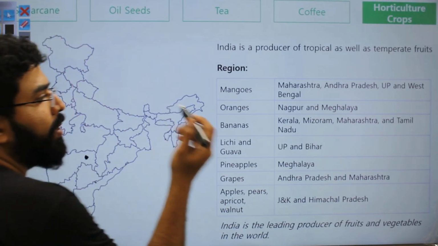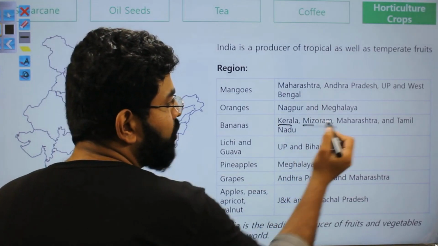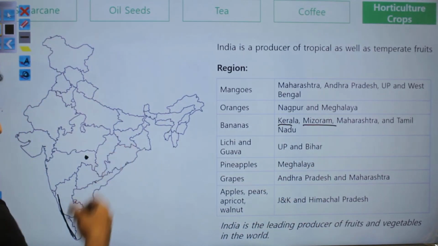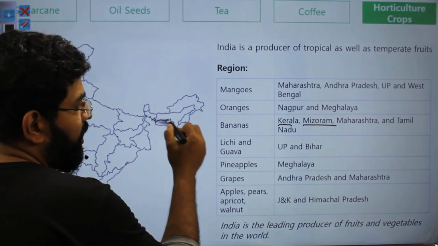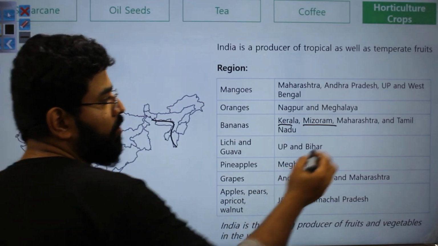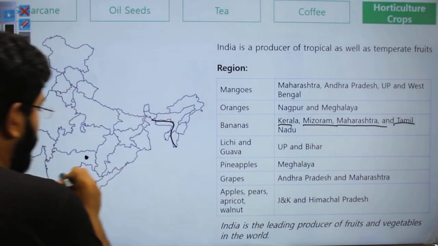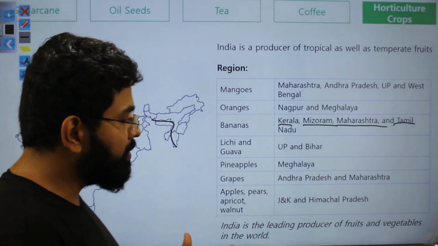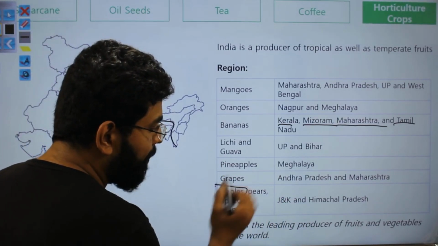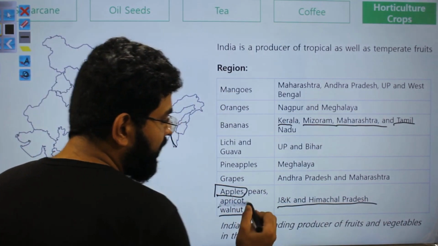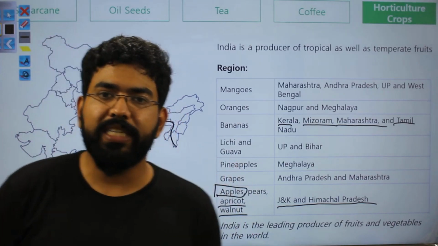Then we have different bananas found in Kerala and Mizoram, in regions near the coastal plains and near this area of northeast India. You will have Maharashtra and Tamil Nadu as well. Then we have lychee, pineapples, grapes. Then important again are apples. Apples, walnuts, apricots are found in cold temperatures.